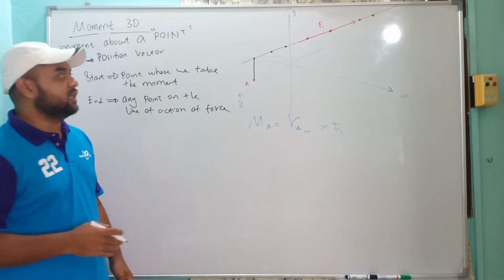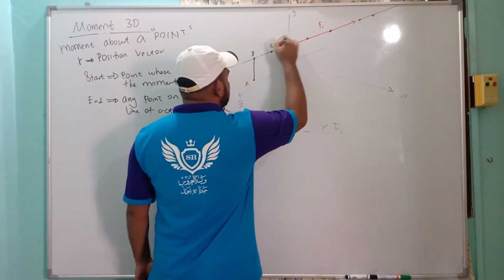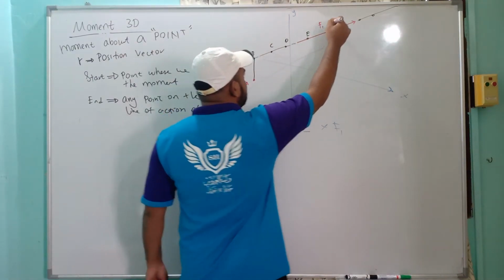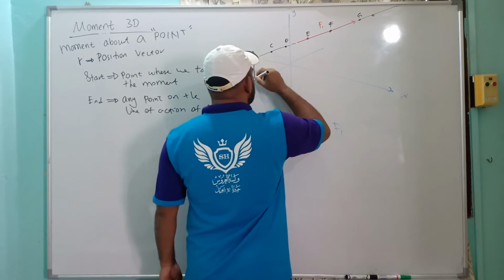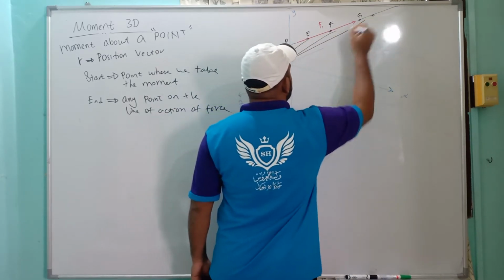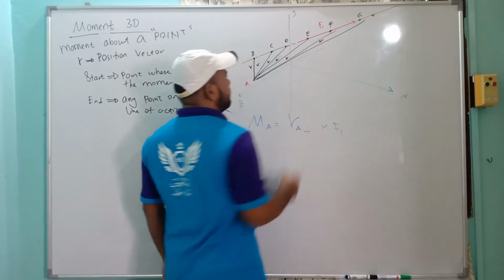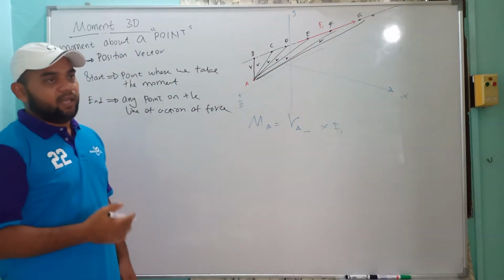So R can be from A to, let's say, B, C, D, E, F, G. Any of these can be your R.